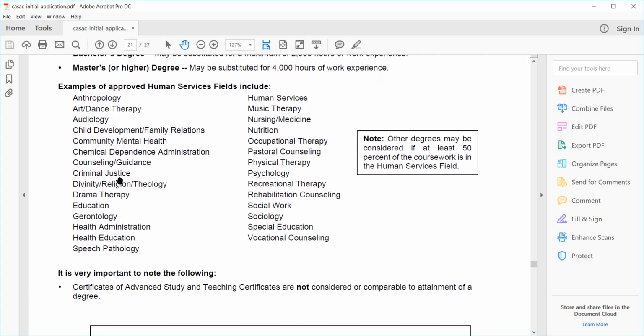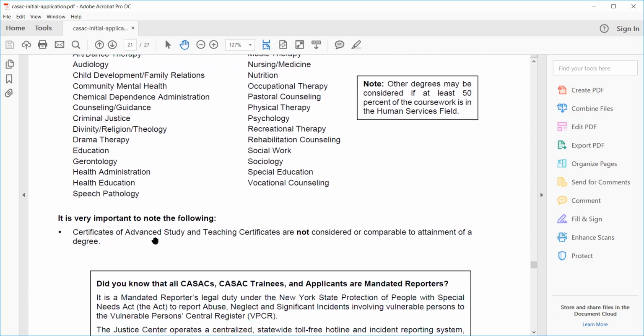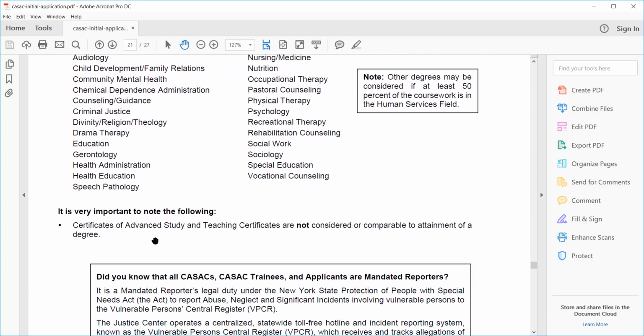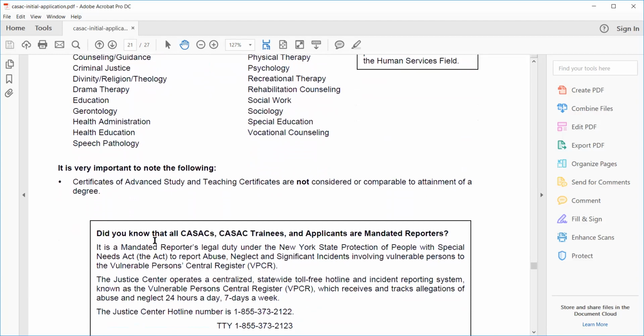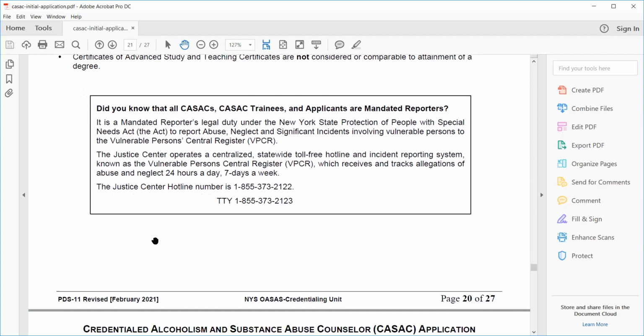Some of the ones they will accept are here, but they may accept another one too. Communicate with OASAS if you have any questions. Once you start that application process and you are a CASAC T, you will have a contact person there that you can talk to, somebody who is in charge of your case.